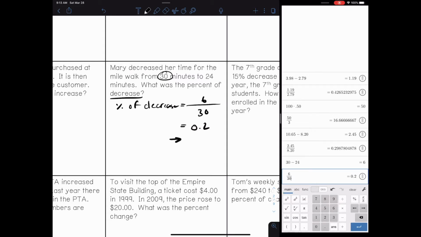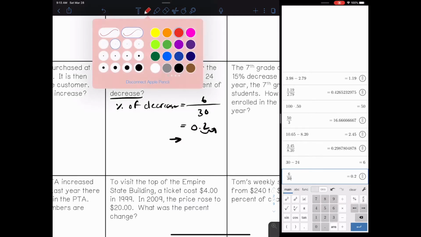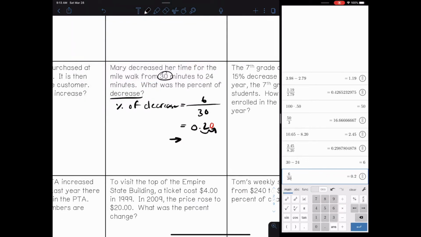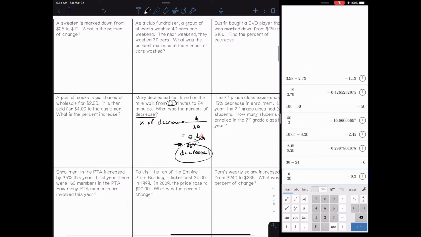So 0.2, you're going to move the decimal to the right twice, once, twice. Fill any gaps in with 0. And that's going to be 20%. So there was a 20%. Was it increase or decrease? It was a decrease. All right, so that was my first option.